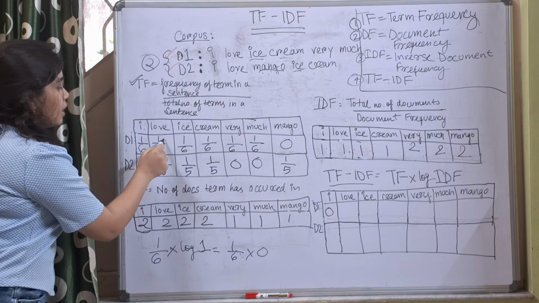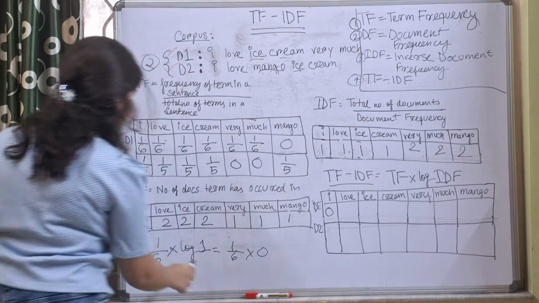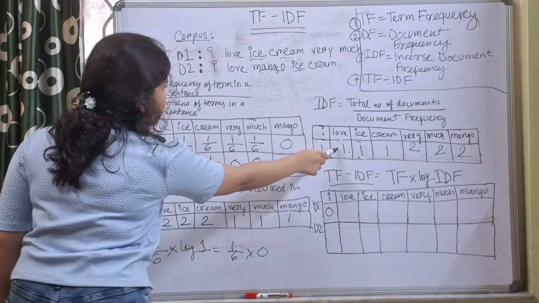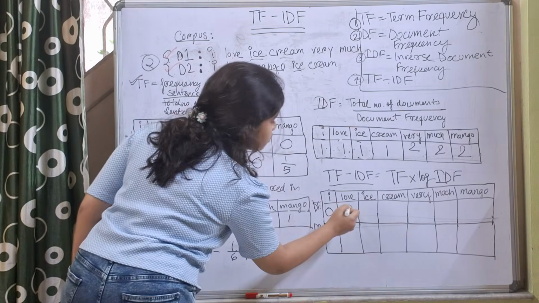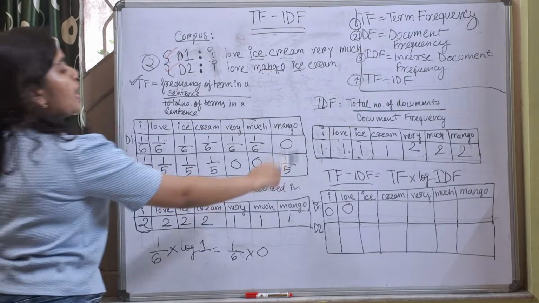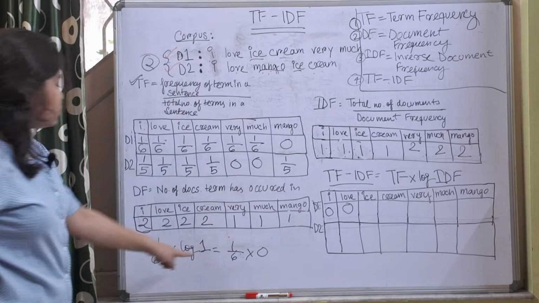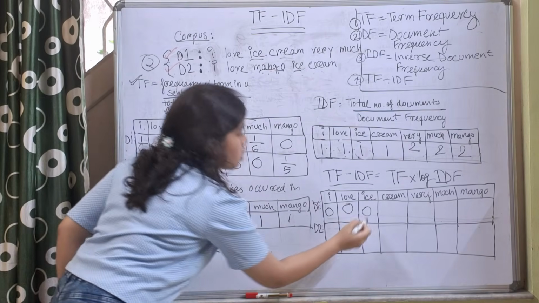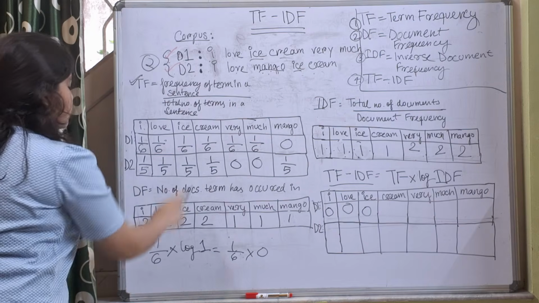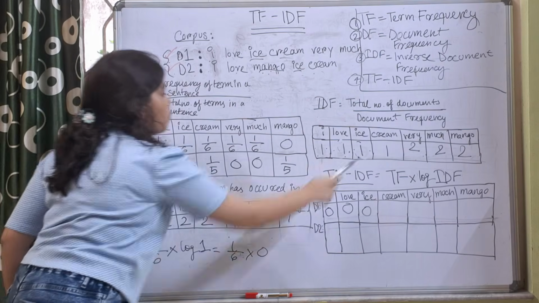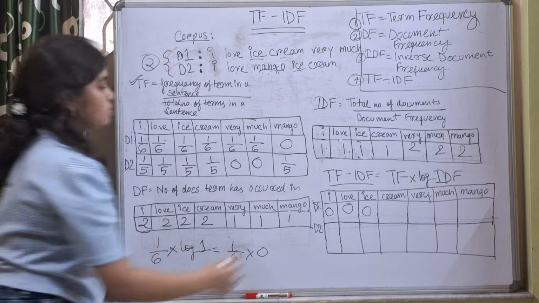For "love" it is again 1 by 6 into log 1, because IDF of love is 1, so 0. For "ice" it is 1 by 6 into log 1, which is again 0. For "cream" it is again 1 by 6 into log 1, which is 0.